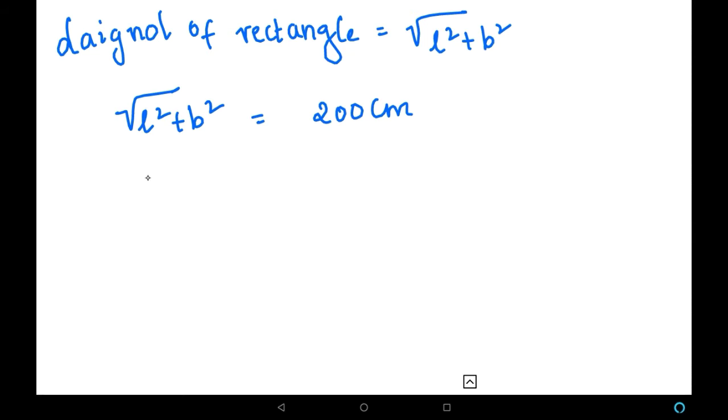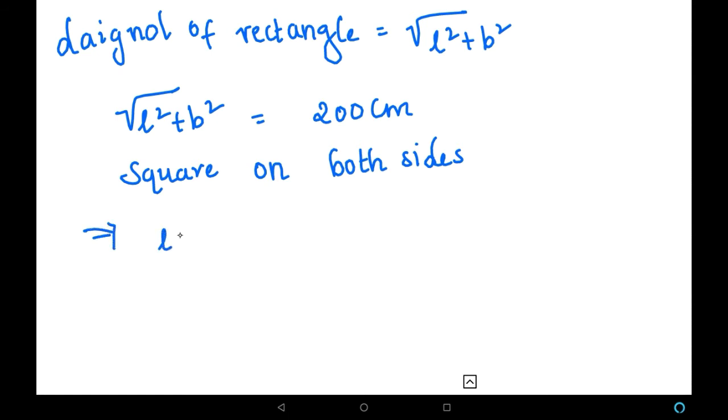Now we are going to square on both sides, to take the root on the LHS. By squaring on both sides, on the LHS the root goes and it becomes L square plus B square, and on the RHS it becomes 200 into 200, which is 40,000.